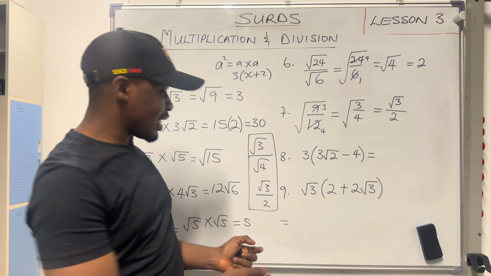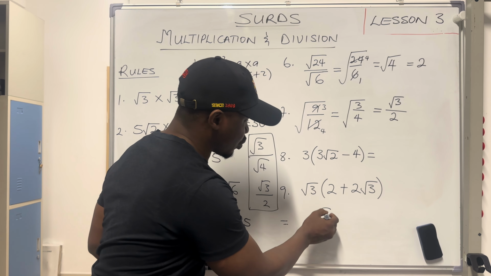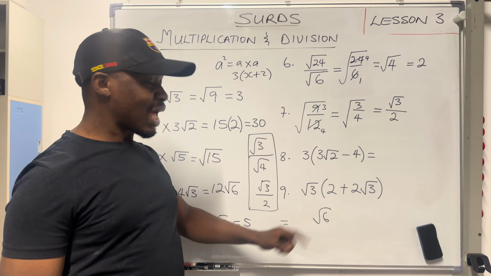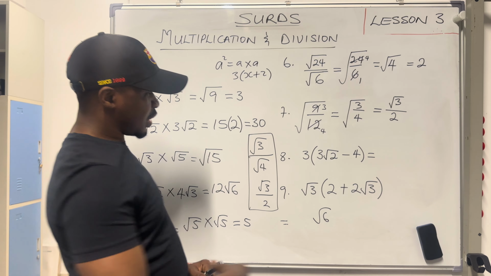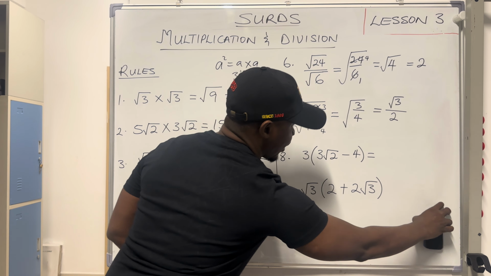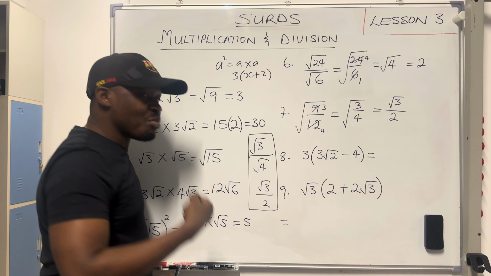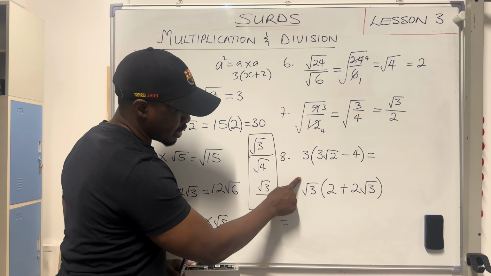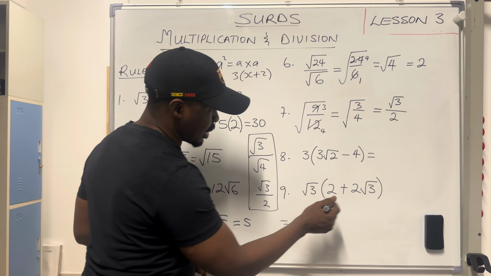You cannot unite them by saying, well, let me say root 3 times 2, 6. No, because this is not a surd. This one is a rational number. This one is an irrational number. So what we do is, this is not a surd, so it only multiplies the number that is not a surd, which is 1 here. So 2 times 1 is 2.